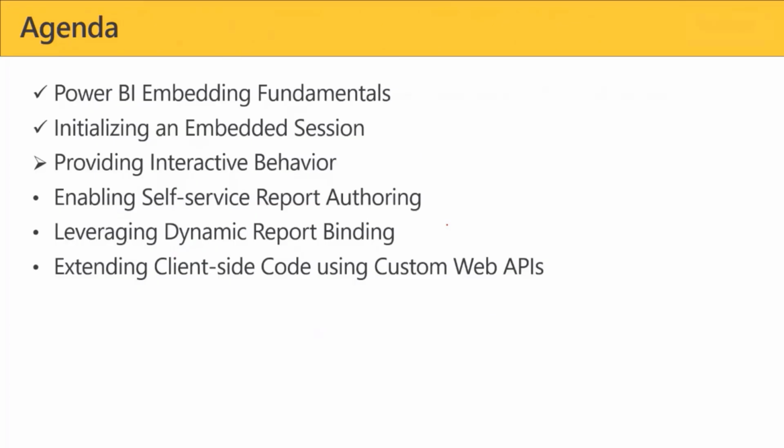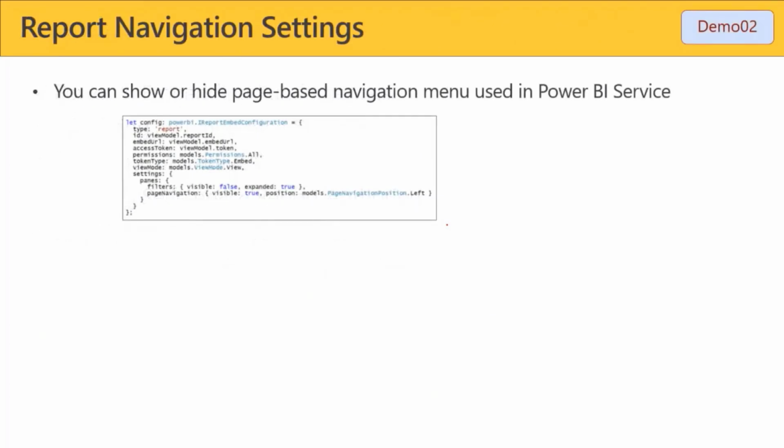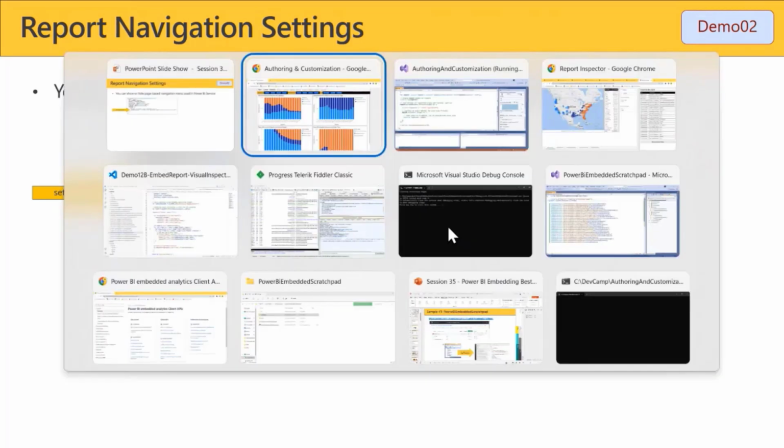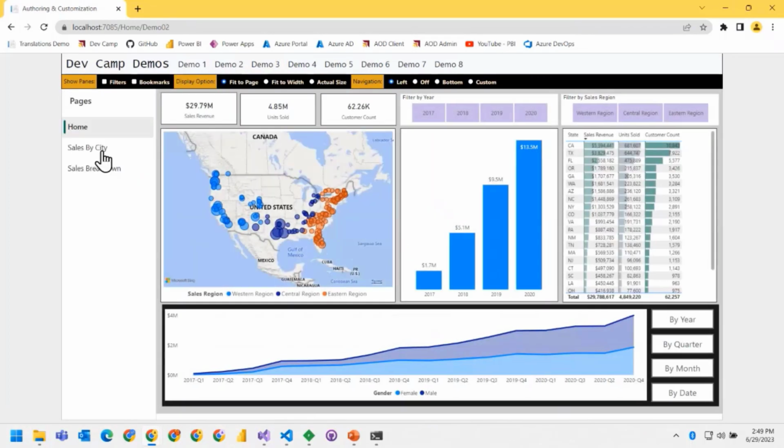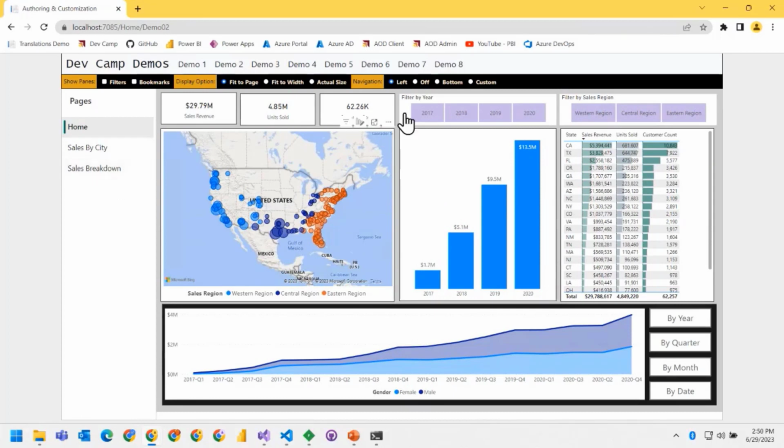Okay, now, a bunch of things we need to look at. One is navigation settings. What you'll see is that if you have navigation settings right here, you can put it to a couple different states. If we go back here and go to 2, you can see that here I have navigation to the left.